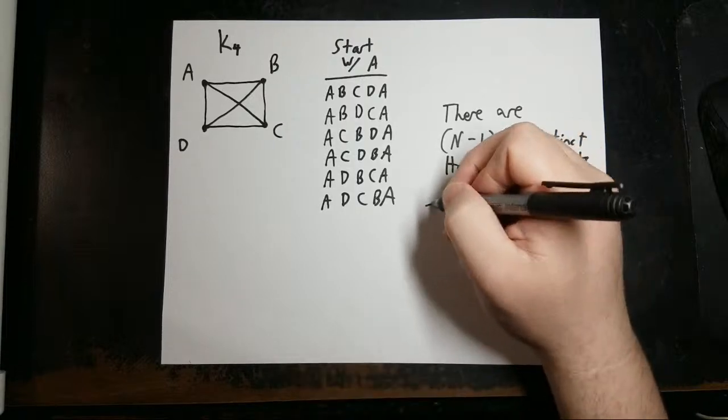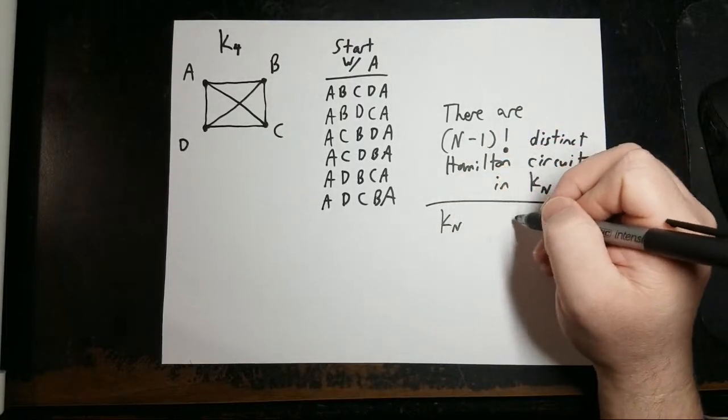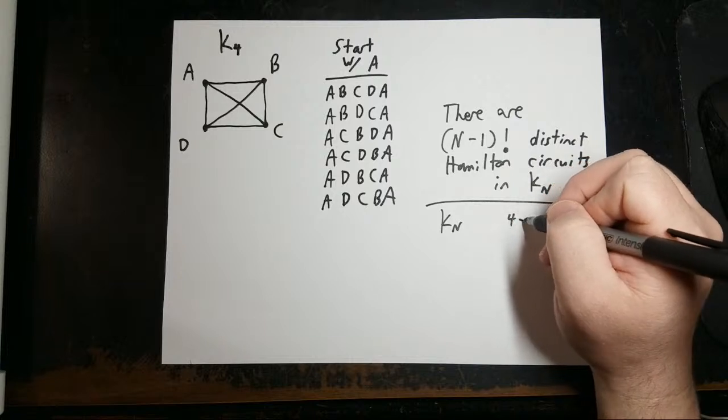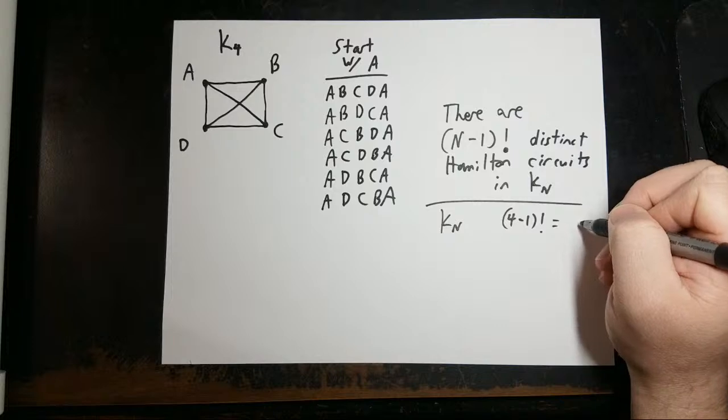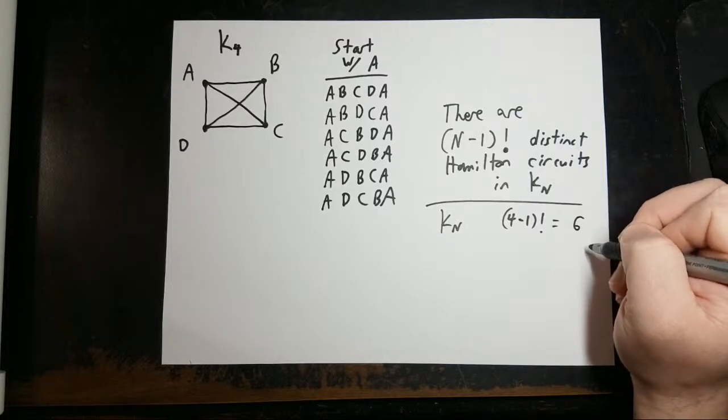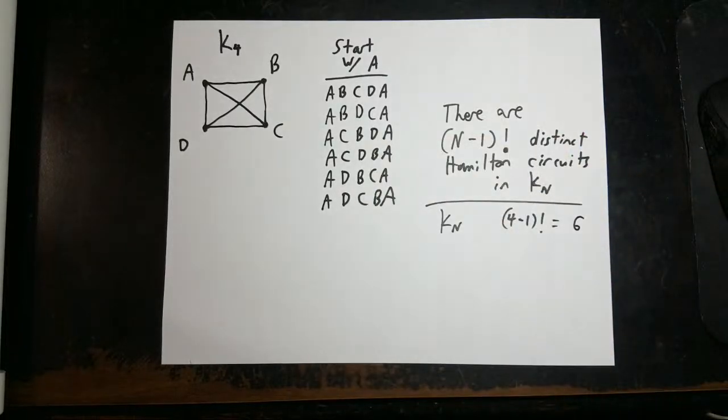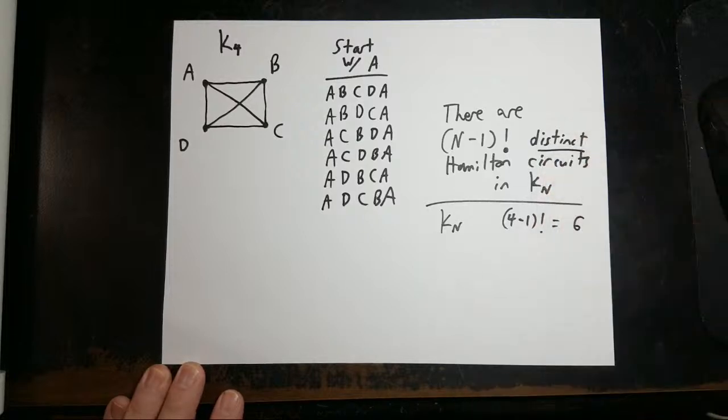In this case of 4, 4 minus 1 factorial is really 3 factorial, 3 times 2 times 1, which is 6. And I listed out all 6. Now, I could list them all out starting with a different letter, but the keyword is distinct.